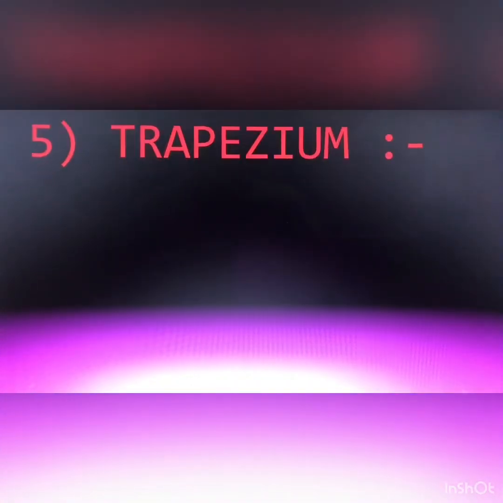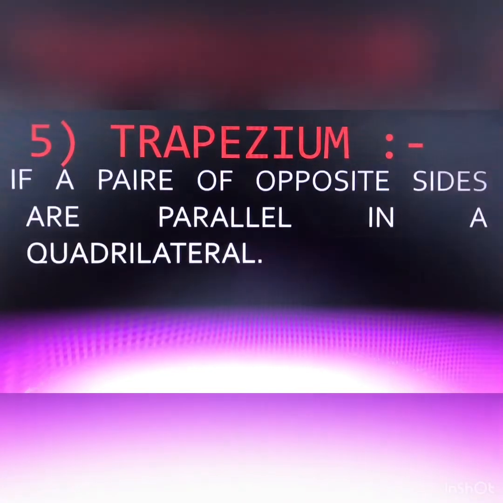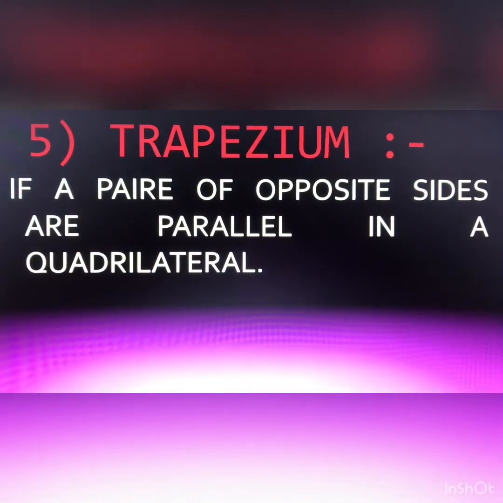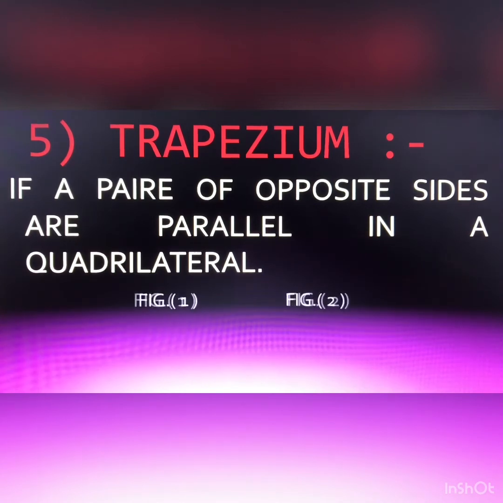After that, trapezium. What do you mean by the trapezium? If a pair of opposite sides are parallel in a quadrilateral, that type of quadrilateral is known as a trapezium. There are 2 pairs of opposite sides in a quadrilateral. If one pair of opposite sides are parallel, then it is known as a trapezium.